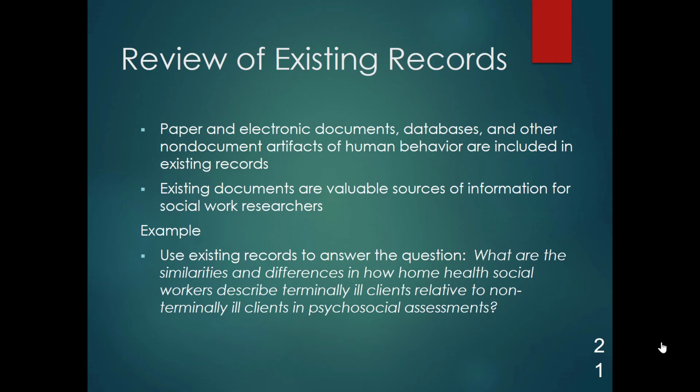Again, if you already have existing records, a lot of times you can use those. So use existing records to answer the question, what are the similarities and differences in how home health social workers describe terminally ill clients relative to non-terminally ill clients in psychosocial assessments? So again, what do you think the existing record would be here?